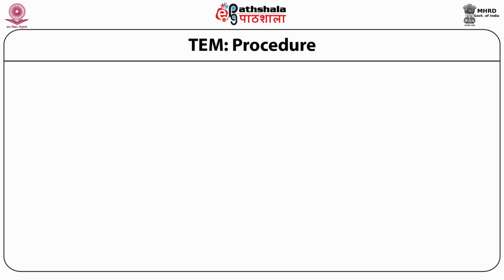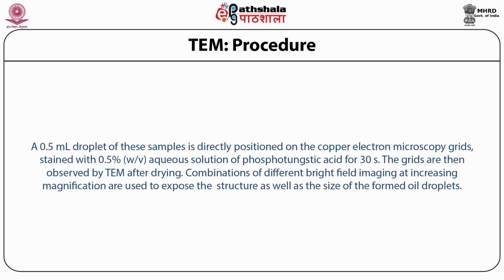The procedure for the TEM analysis is: 0.5 ml of a drop is put on a copper electron microscope grid, and then a 0.5% weight by volume aqueous solution of phosphotungstic acid is applied for 30 minutes, and then the sample is dried. The dried samples are then subjected to the transmission electron microscope for capturing images of the oil droplets of the microemulsion.